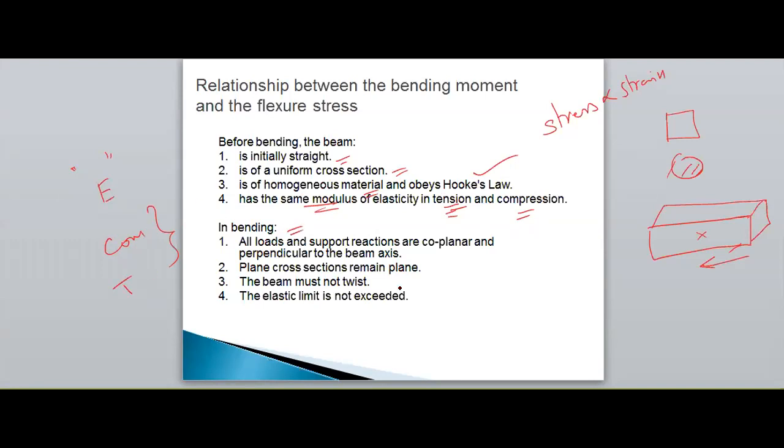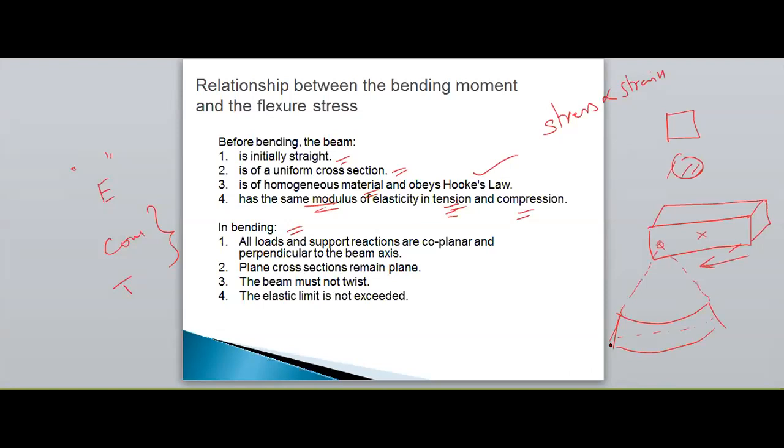So after the bending, all loads are supported at the reaction plane, that is coplanar and perpendicular to the beam. After bending, we can see this type of circular cross section. Polar means coordinates.